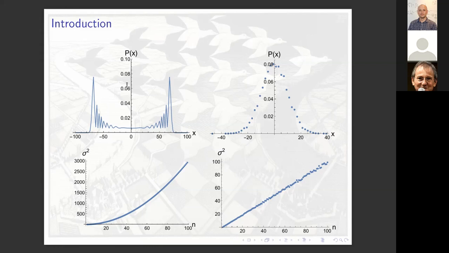So the coin space, I think, is just C2, right? The initial state was at the origin, and the initial state of the internal degree of freedom was just a superposition between spin up and spin down. Then you apply this unitary operator, and after maybe 100 steps, this is the probability distribution that you get.